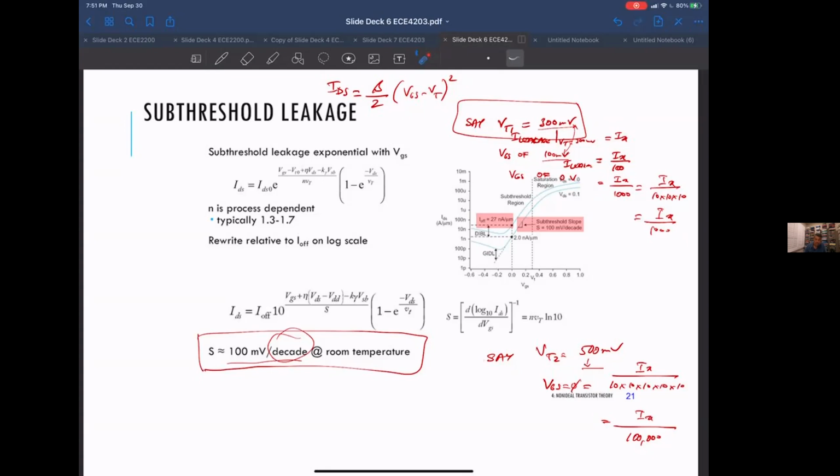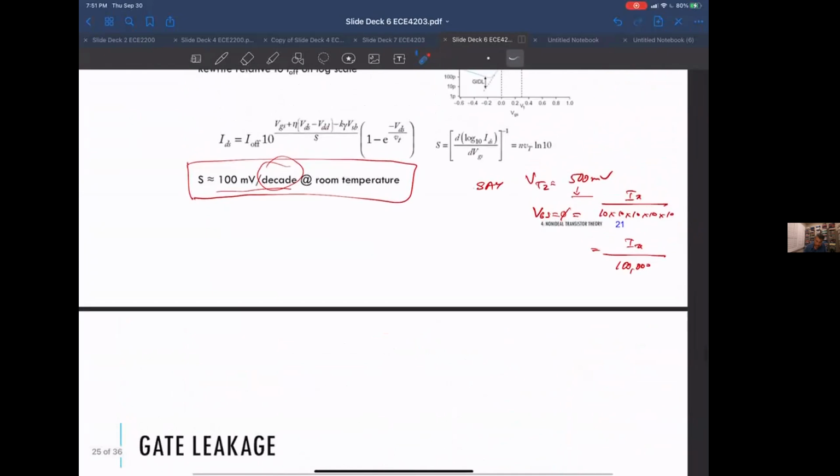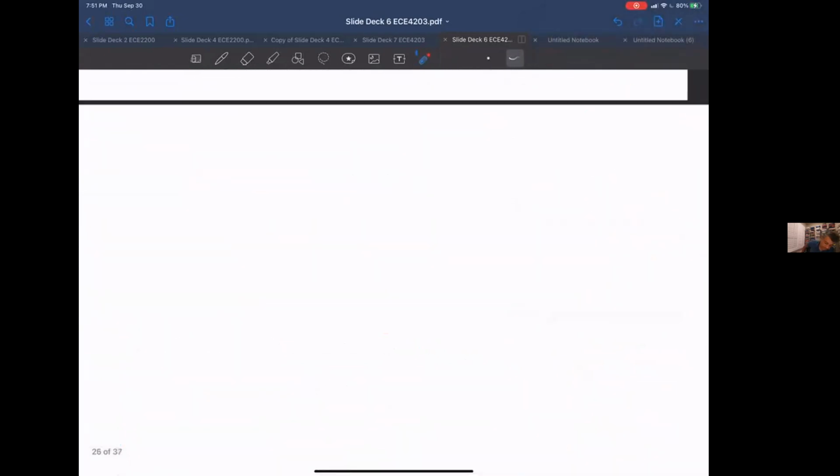So in a nutshell, it's not such a nutshell, but what's going on? Node dimensions are shrinking. Why are they shrinking?